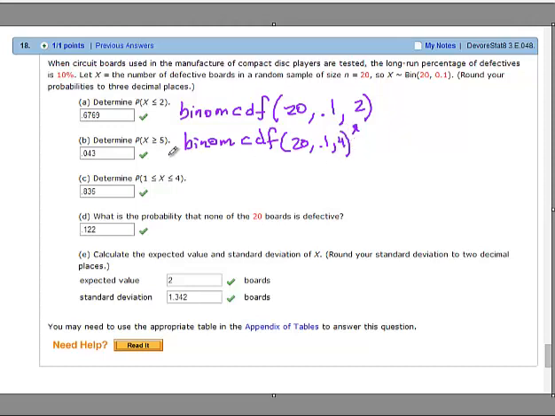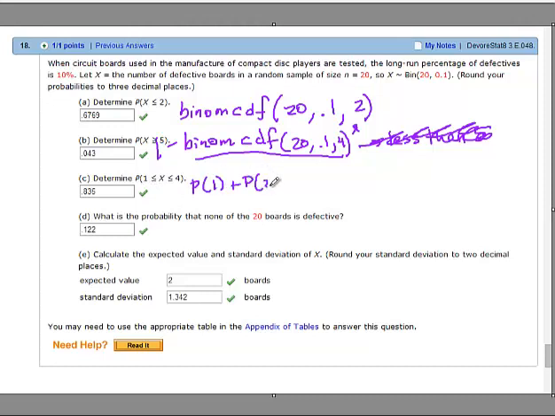Now this won't get me what I want, this will get me all of that less than 5. So to do greater than 5, I will just say 1 minus this value, and then I'll get the answer 0.043.